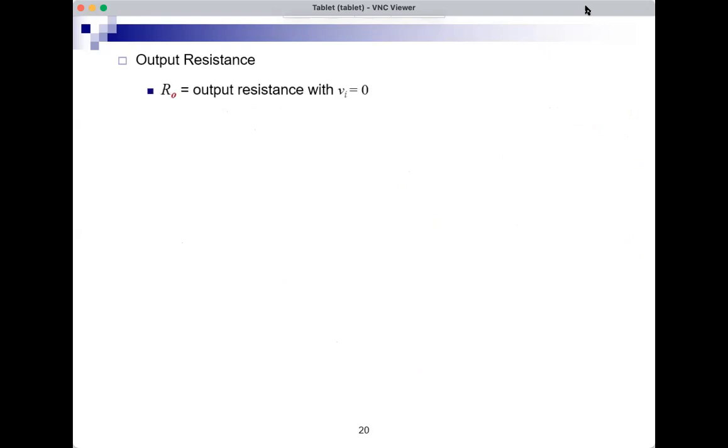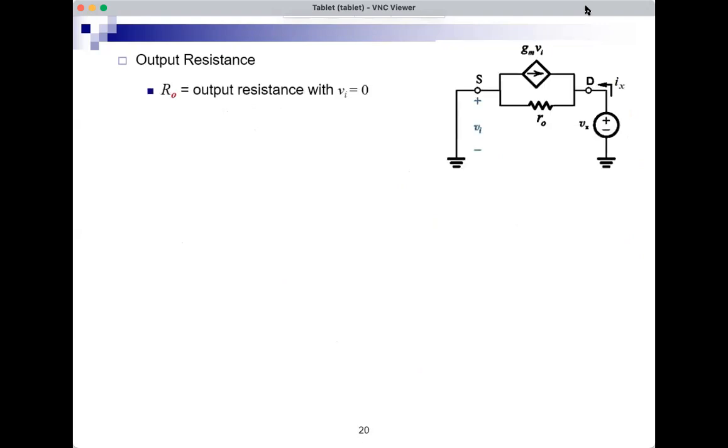Output resistance with Vi equal to 0. We set the input to 0 at the source. So that's the 0 at the source. Disconnect the load, connect a test source, Vx, Ix, and find Ix. Well, if Vi is 0, this is 0. There's no current here.